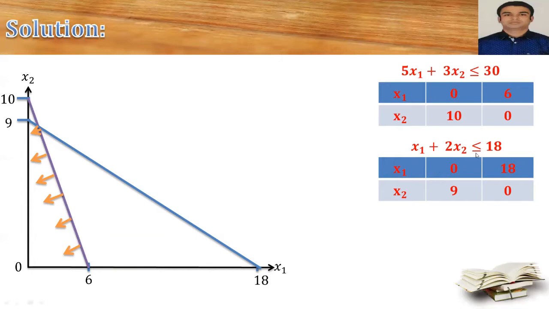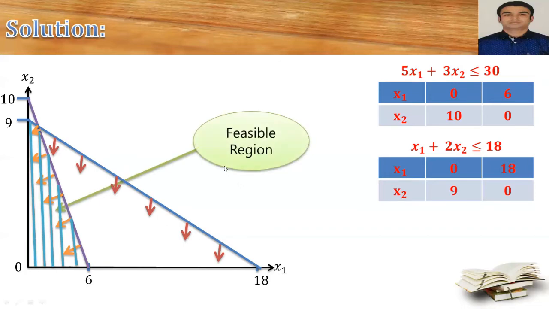Now find the common area of the two constraints. The area shaded by the blue line is the common area, which is known as the feasible region.